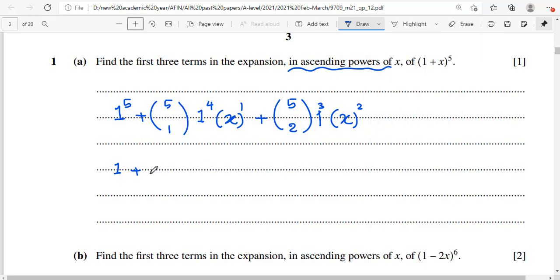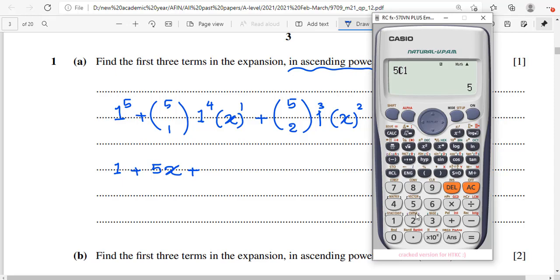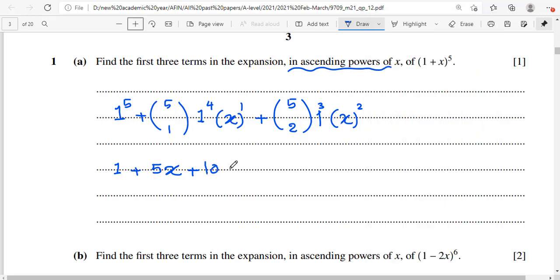It's equal to 5, so it's 5. 1 power 4 is still 1. 5 times x is 5x plus 1 power 3 is 1. 1 times x squared is still x squared. Then combination from 5 to 2. So we press 5, shift division 2. This is 10. So that's 10x squared. We got the first 3 terms in ascending power of x.